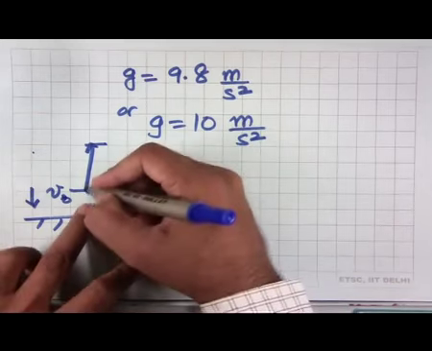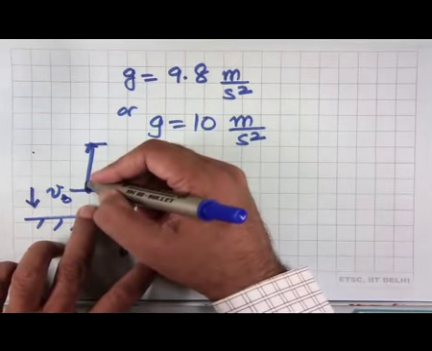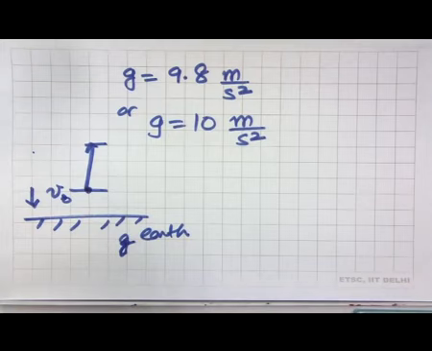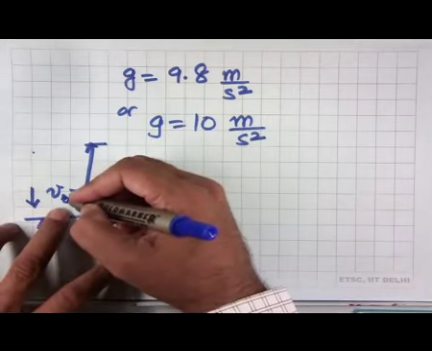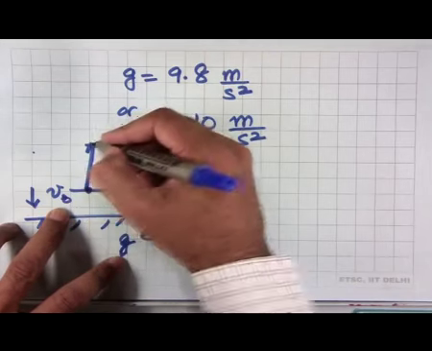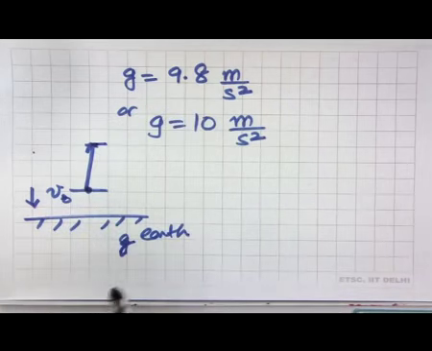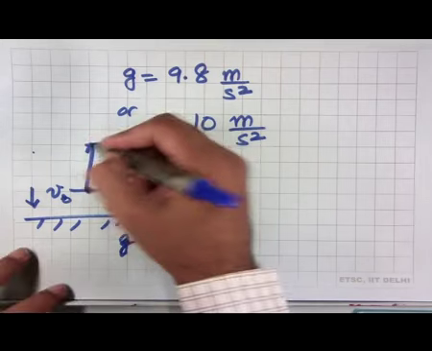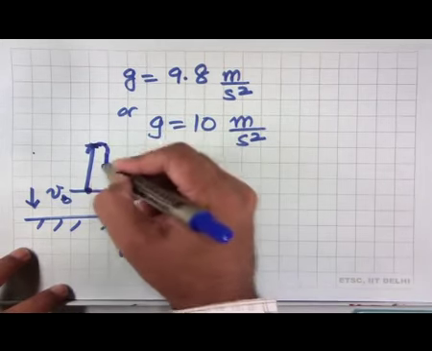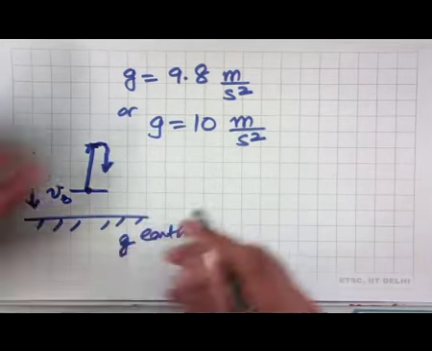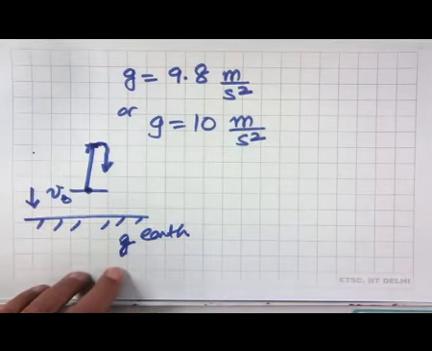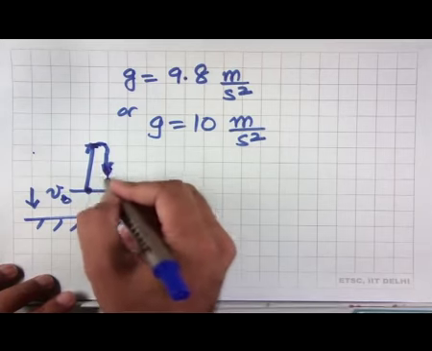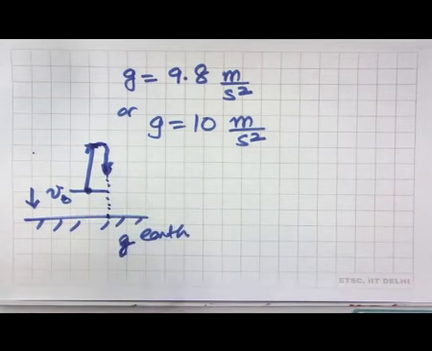So if the ball is thrown upwards with a velocity v0, it experiences a negative acceleration. Therefore this velocity will start to come down, and eventually a point will come where this velocity will become 0. At that point, because its velocity is 0, the ball only experiences the acceleration due to gravity.